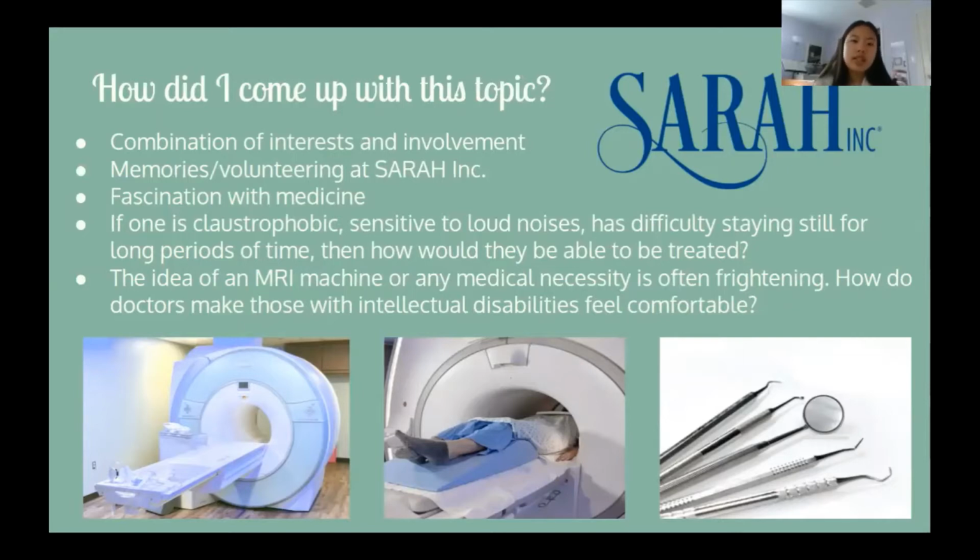So I took the idea of an MRI machine and evolved it into how medical necessities in general can be frightening to people. I thought about how a population like the intellectual disability population might feel uncomfortable in medical environments. And so how would medical professionals make people with intellectual disability feel more comfortable?